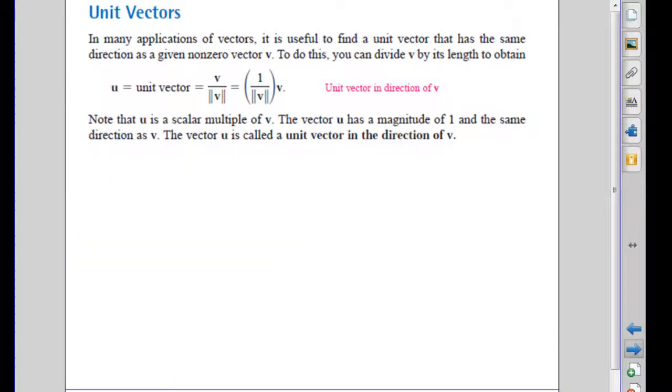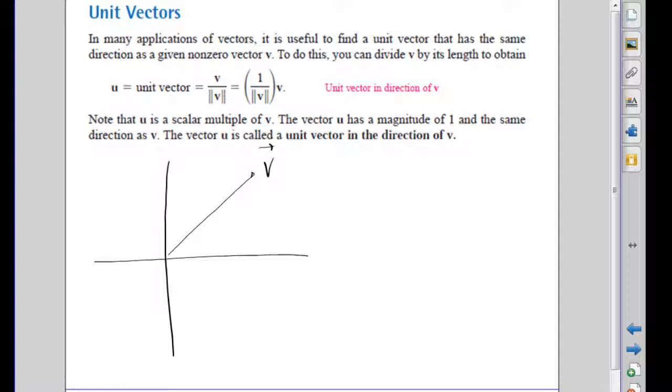So in many applications of vectors, it's useful to find a unit vector that has the same direction as a given vector v. So let's take a look at what this means. Say you've got this vector v, and it's got a magnitude that's not equal to 1.